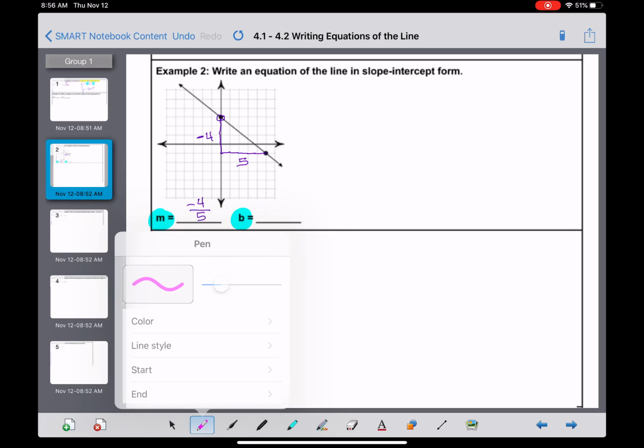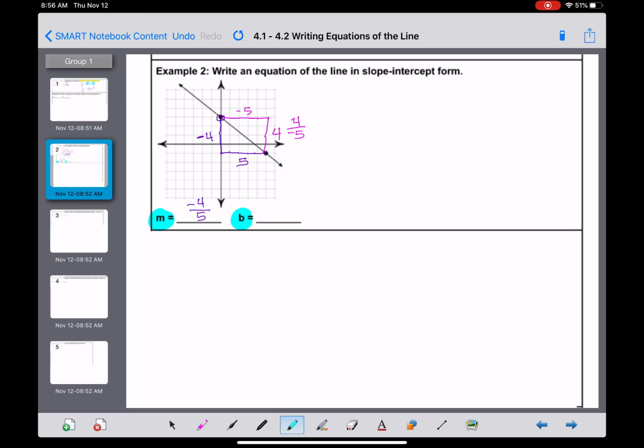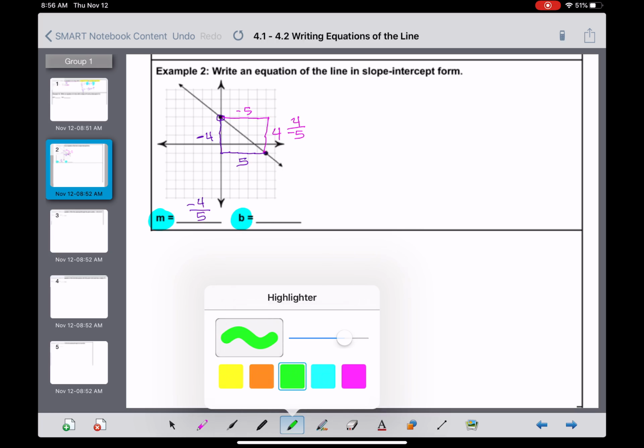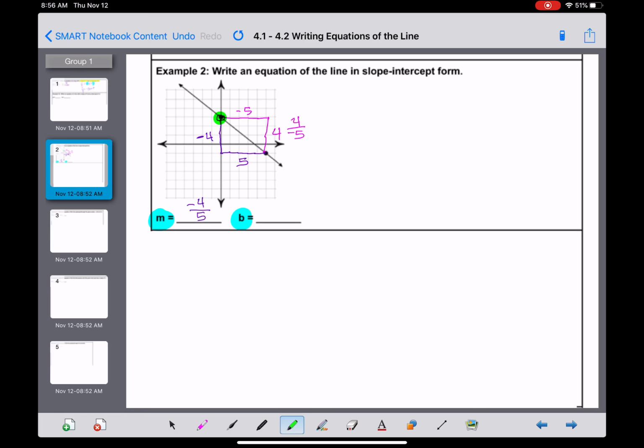If you counted in the opposite direction, you would still get the same answer. My rise is 1, 2, 3, 4 units. My run is 1, 2, 3, 4, 5 to the left, which is 4 over -5, same exact slope. The second piece of information that we need is the y-intercept.